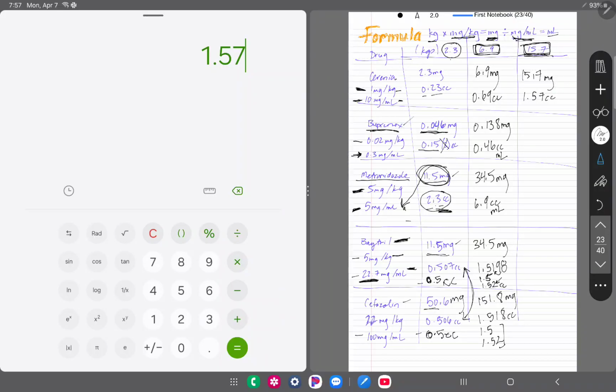Then we move on, Buprenex. 15.7 kgs times 0.02 is 0.314 mg divided by 0.3, 1.046.